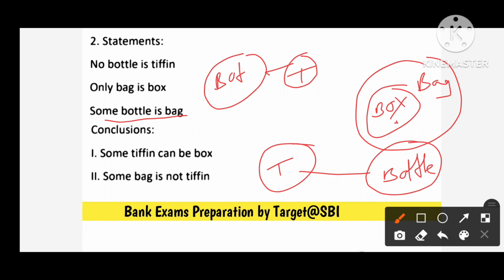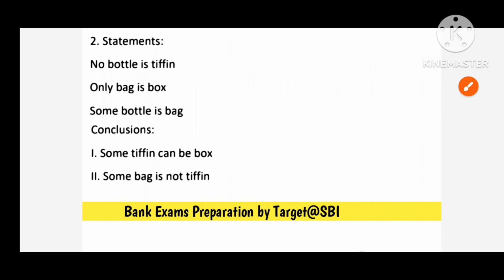So let's see the conclusions. So some tiffin can be box. Some part of tiffin can share with box. Box doesn't share with anything except bag. So this case fails. Here we see not. So we check all bag can be tiffin or not. Can we place all bag inside a tiffin? It is not possible because of box. So all cases fail, means no case will be true. So only 2 is true here. Next question number 3.